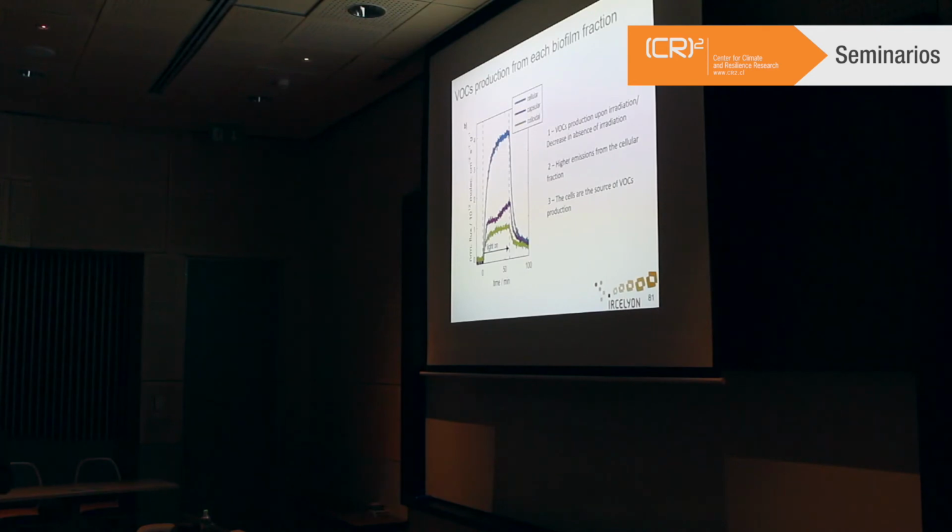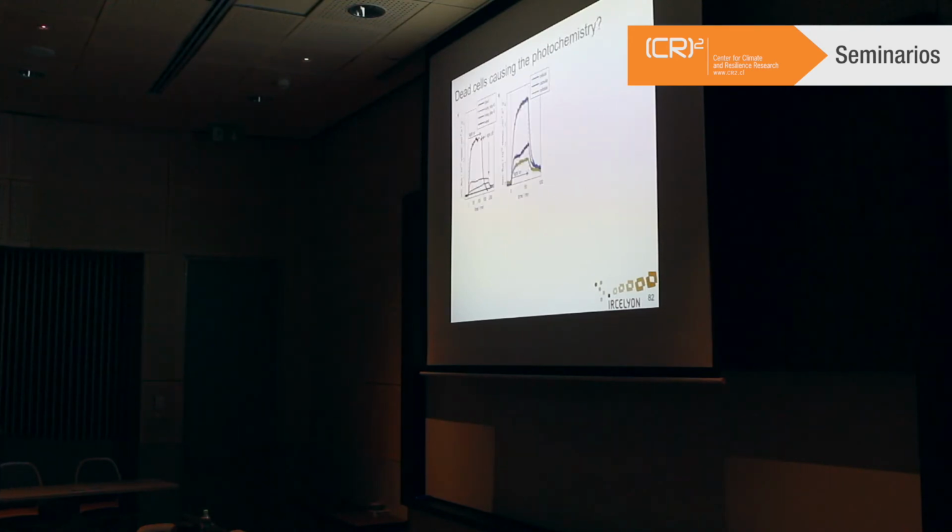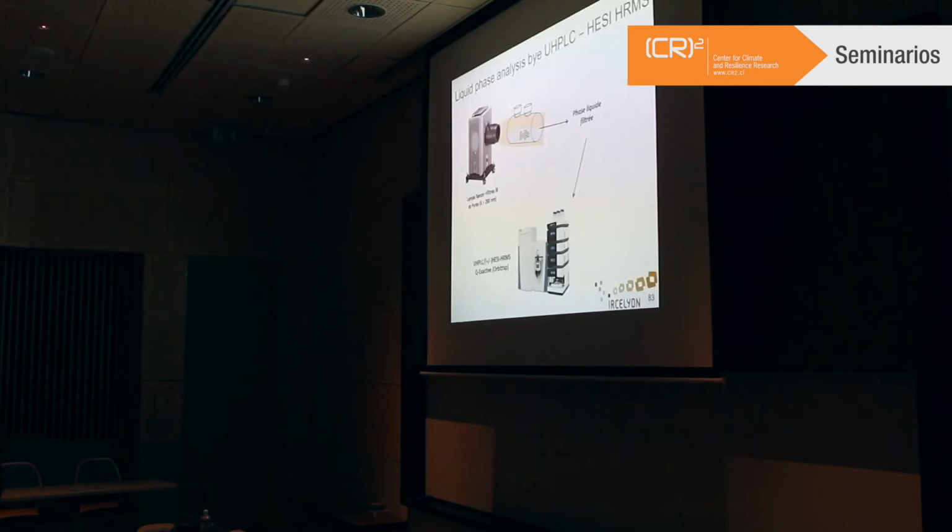So basically the cells are dying, making cell lysis, opening, and releasing organic materials, which are acting as surfactants. We saw a decrease of the surface tension for the cellular fraction; it goes to the interface and makes photochemistry. And this is typically what we are looking at.